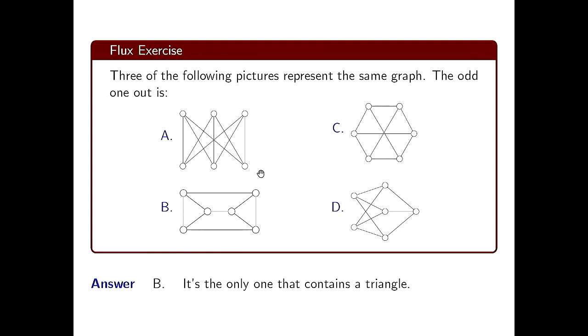And you can maybe also see how you get from some of these graphs to others, like in D. If I pick this up and plonk it over on the left here, and then I sort of twist this round, I'll get to A. And you could even, I think, get from C to A by putting this vertex and this vertex up the top, and this vertex and this vertex down the bottom.